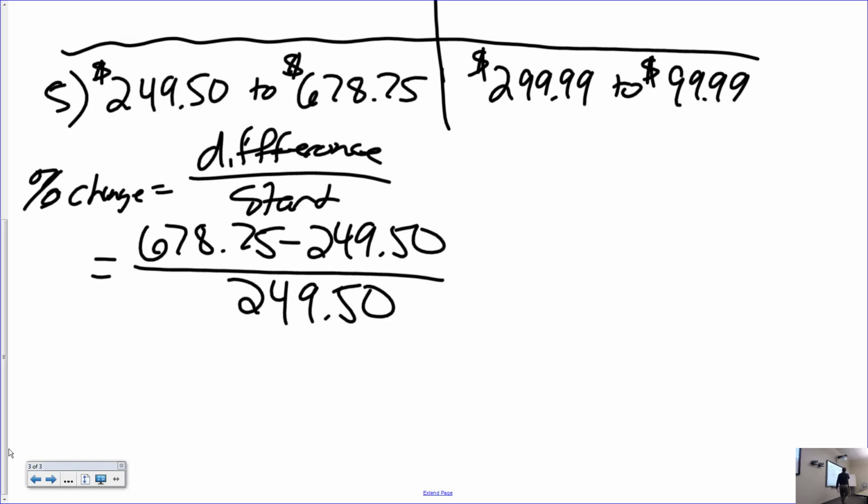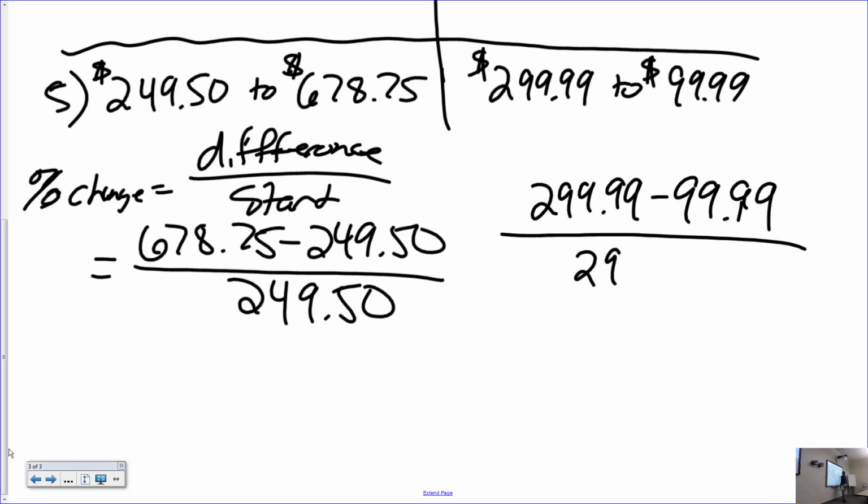And then likewise over here, 299.99 minus 99.99, all over $299.99. So again, you take the difference of the two numbers and divide by wherever you started. Okay?